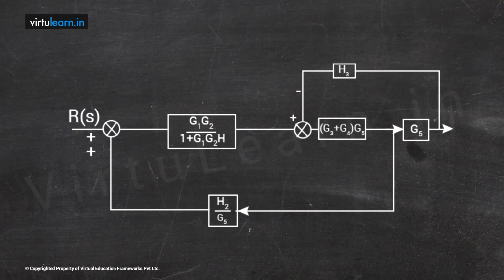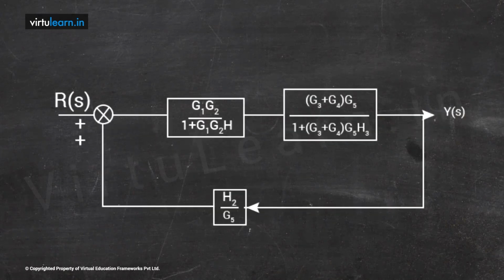Finally I have another feedback. First we'll try to eliminate the middle summing point which has the negative feedback. Again the formula is the same, G by 1 plus GH. If we use that, then I can get one block here by eliminating the summing point. Now this block and this block will be in cascaded form.